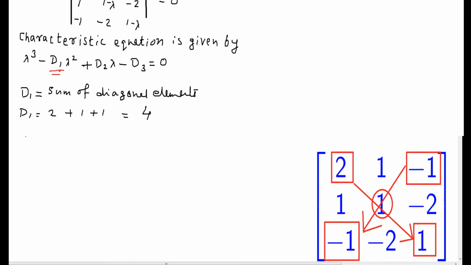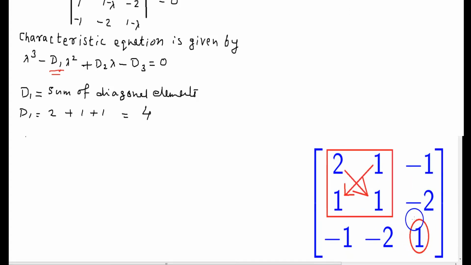Plus, last diagonal element is 1. Ignoring the elements in the third row and third column, the rest of the elements form the minor of the leading diagonal element 1. That is mod 2 1 and 1 1.